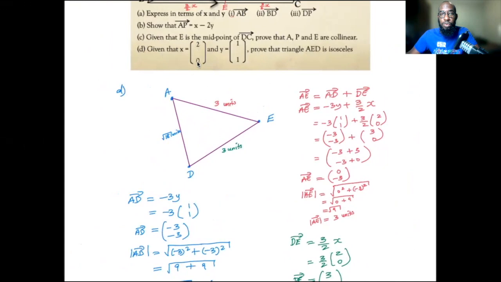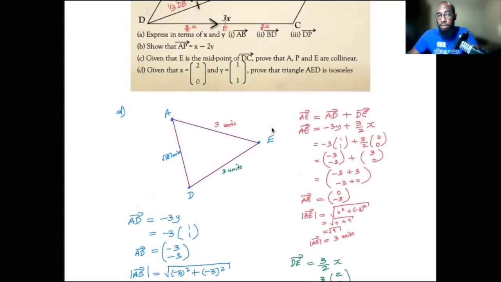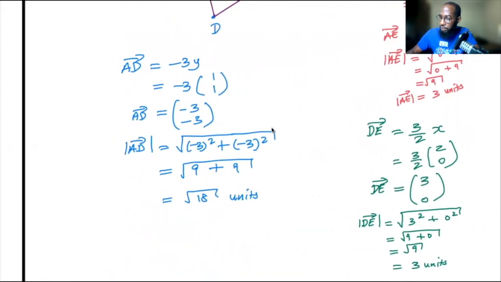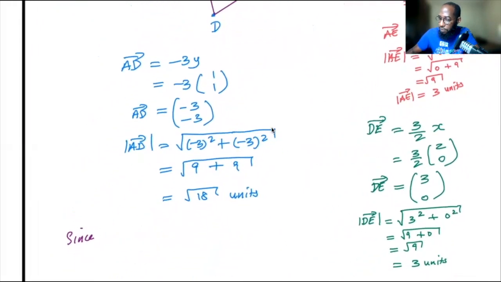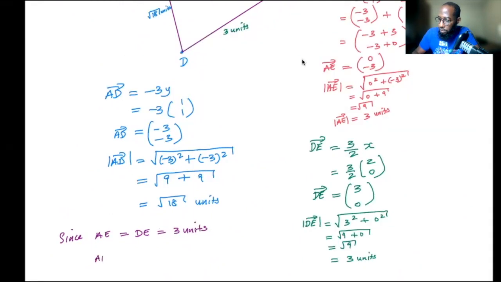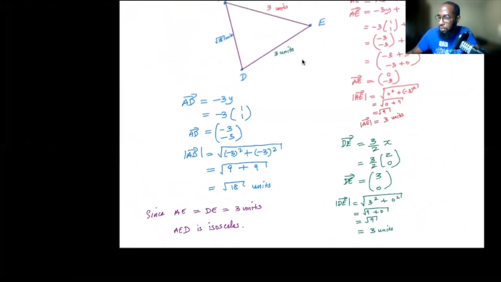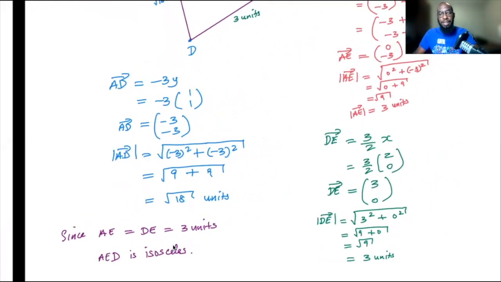They said, given that x is 2, 0 and y is 1, 1, prove that AED is isosceles. So since AE is equal to DE, which is equal to 3 units, AED is isosceles.